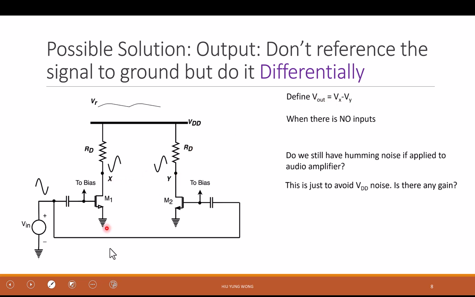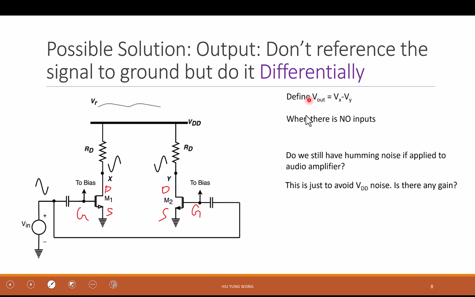I forgot to tell you, now instead of having one single common source amplifier, I have two. Both of them are the same, although they are facing different directions, because this is source, this is drain, this is drain, this is source, this is gate. They are decoupled. They share the same VDD, but they don't talk to each other. No problem, right?